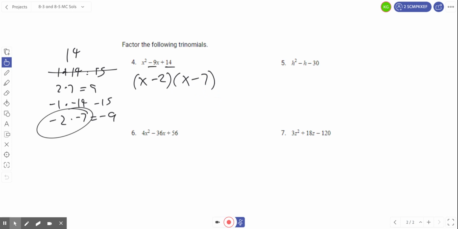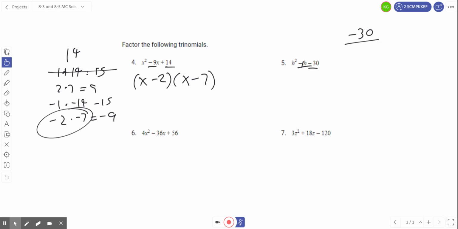For this next one, we need factors that add to -1. Remember, there's an imaginary 1 there, and multiply to -30. So what are the factors of -30?